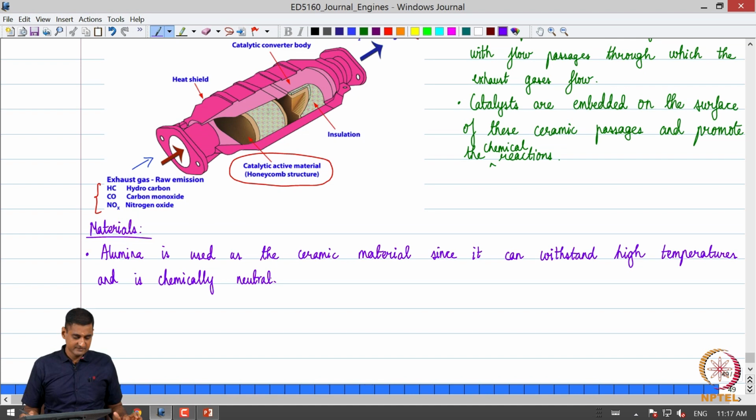That is for the material of the honeycomb structure.